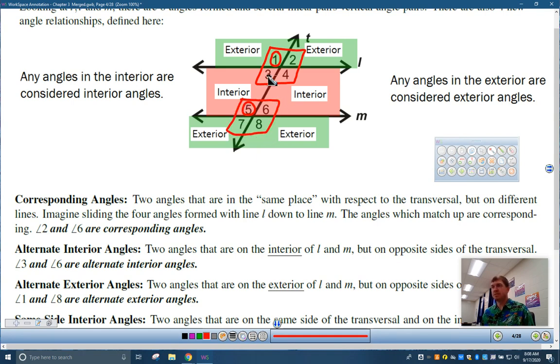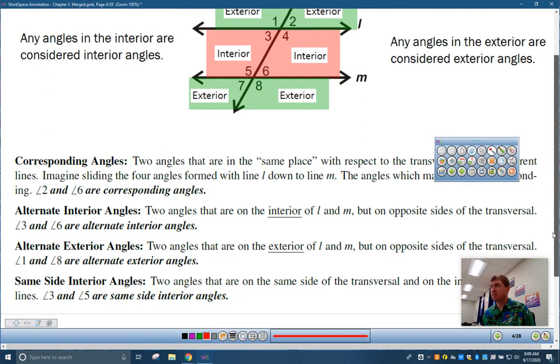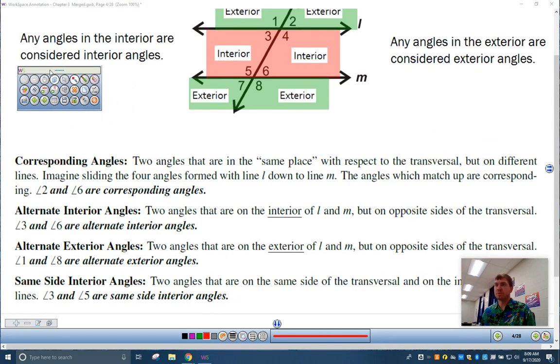And 1 is in the upper left of that group of 4, and 5 is in the upper left of that group of 4. So they are corresponding. Corresponding is a word that we do use in normal language. Understanding that relationship can help us with corresponding angles in math.